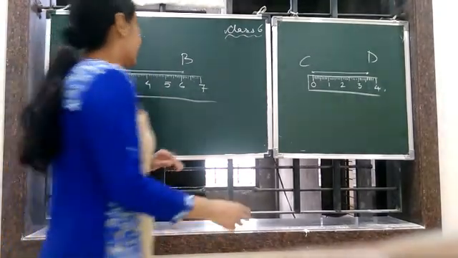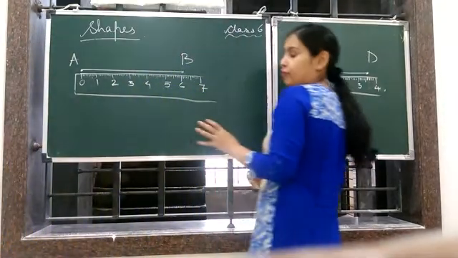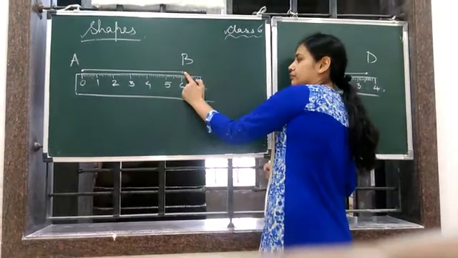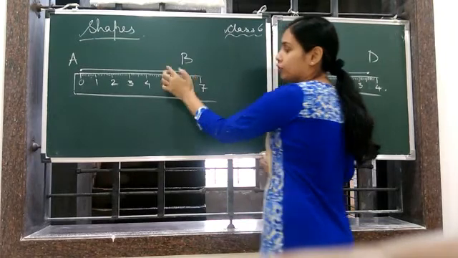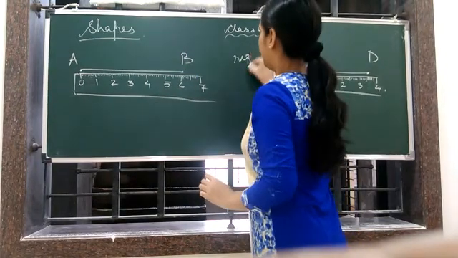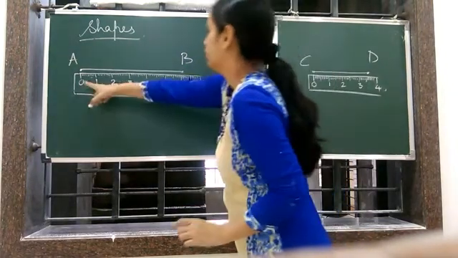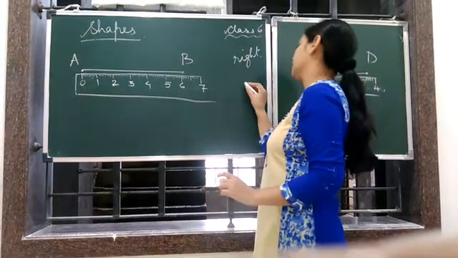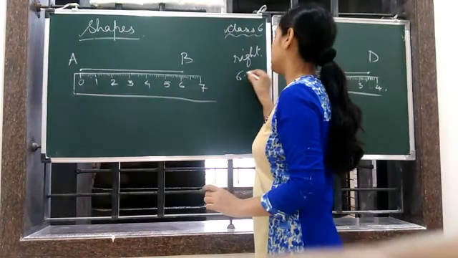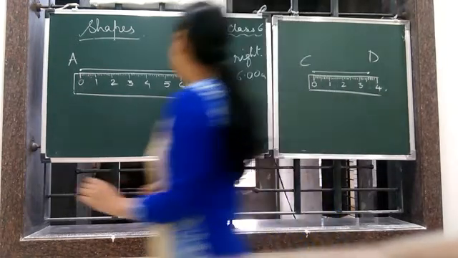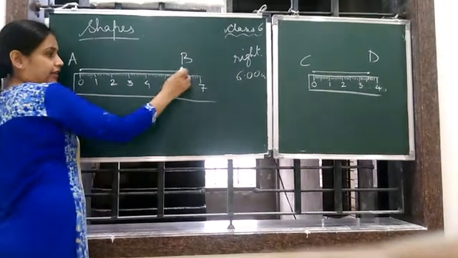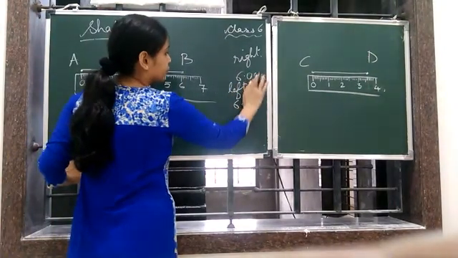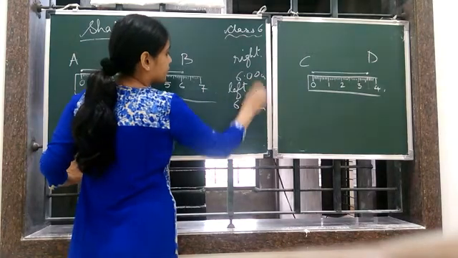What errors? See, if you measure your line segment and put your eye towards the right side, what will happen? You will get your measurement for the right side. The measurement of AB will become maybe 6 centimeters. And if you see from the left hand side, then it will be 6.2 centimeters.